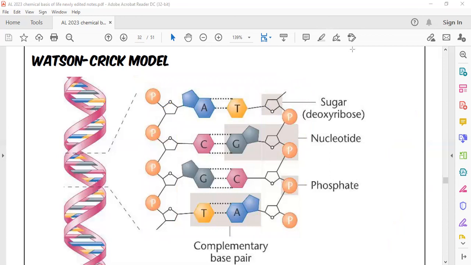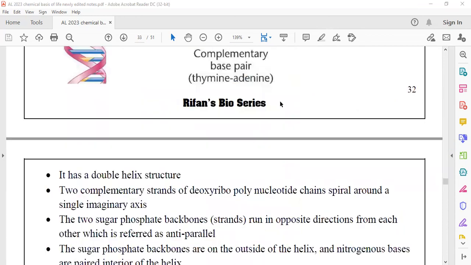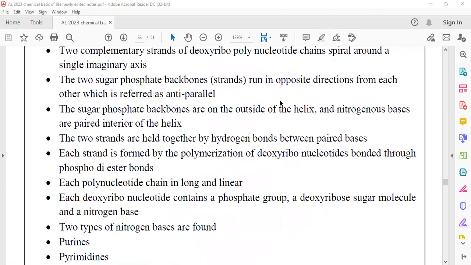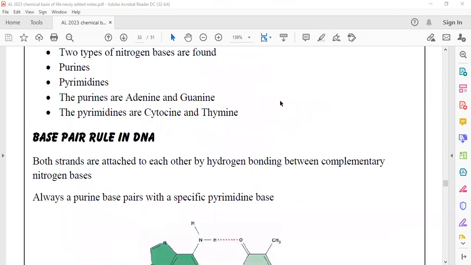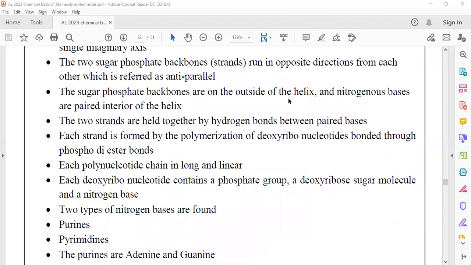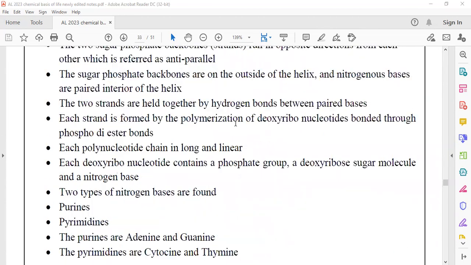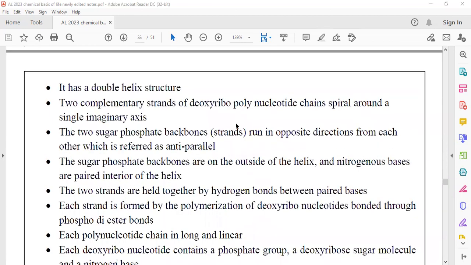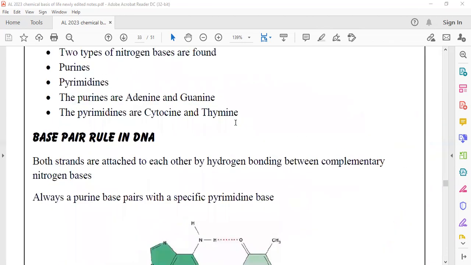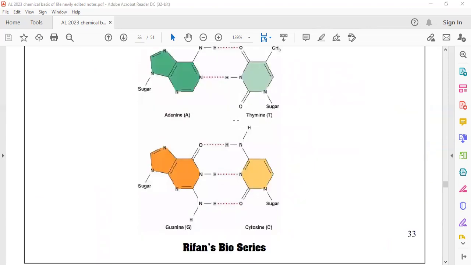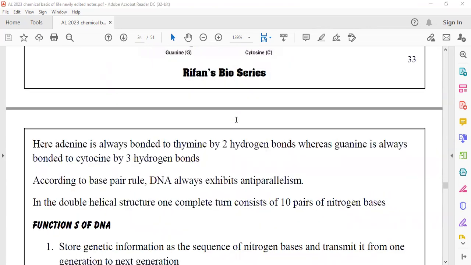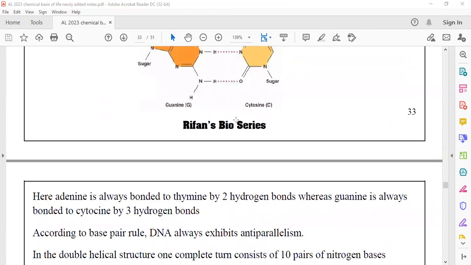So, I have explained to you regarding the DNA molecule. The notes are given to you on page number 33. Even the base pairing rule is given to you.